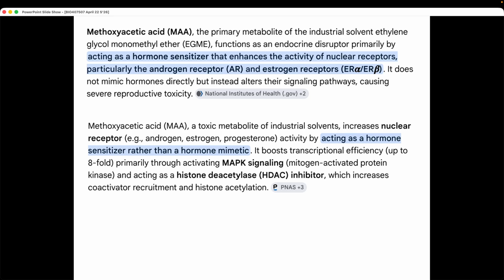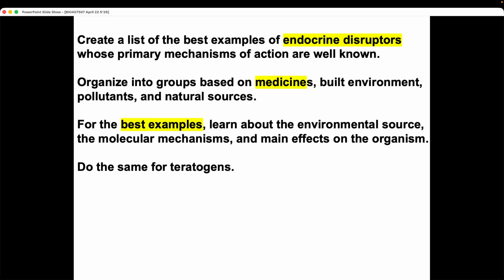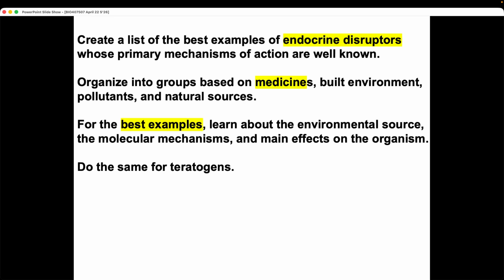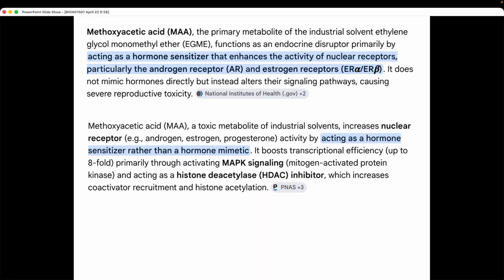And this methoxyacetic acid looks like it might be a good example to learn about where it's affecting specific steps that are different than just messing with the zinc finger domain on the nuclear receptor like that. And so I have a little bit about that. Oh, this introduces it, and oh shoot, maybe I have failed to include a couple slides.